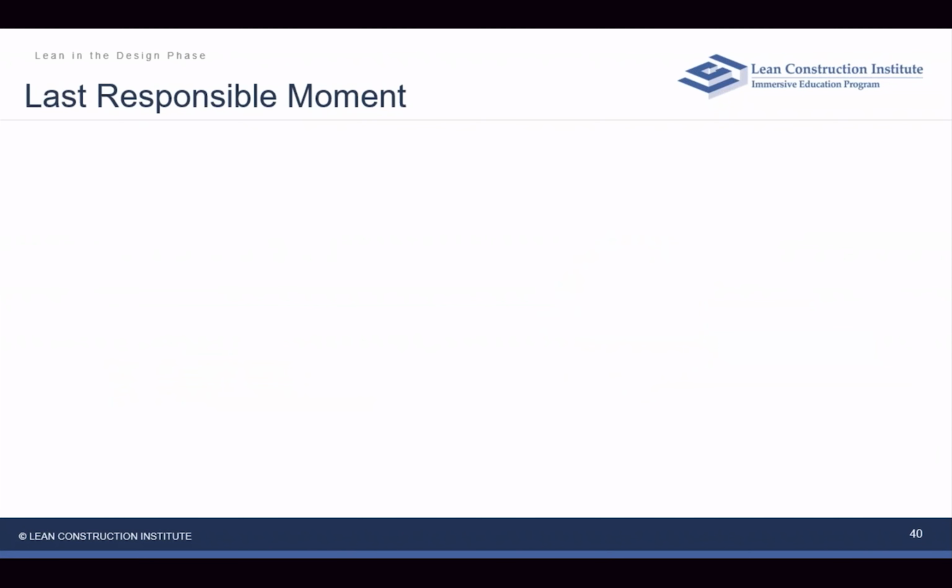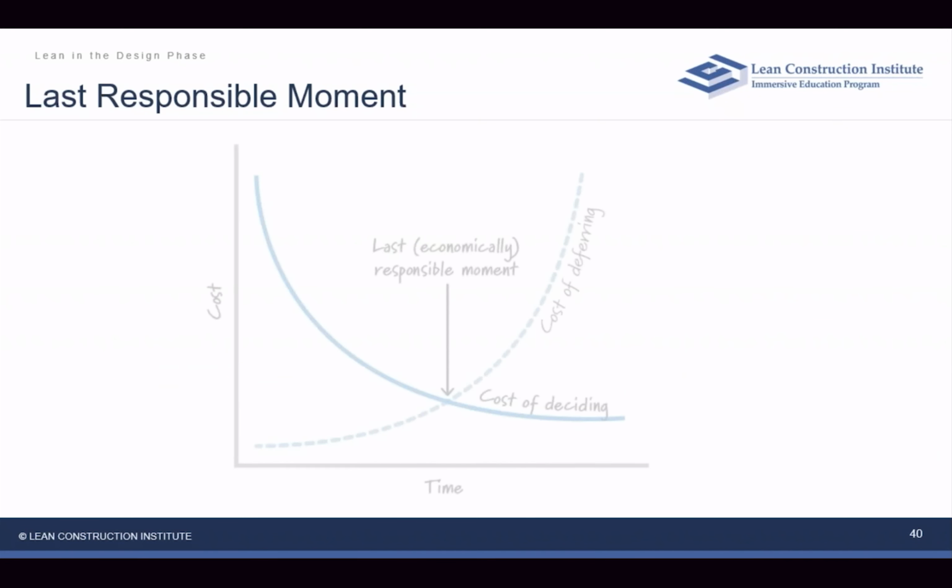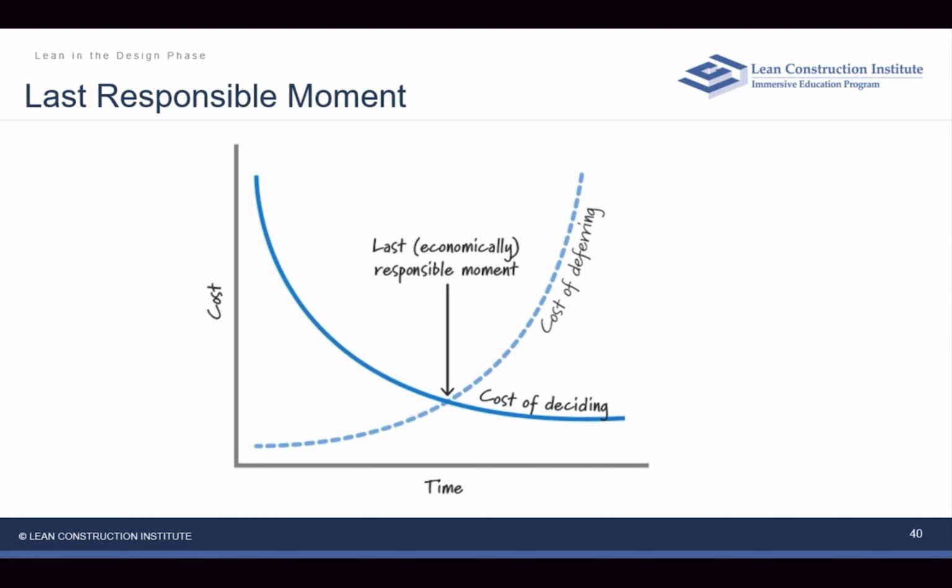So to start this conversation, I want to lay out this concept of last responsible moment. There is this cost, this dashed line representing the cost of deferring a decision.